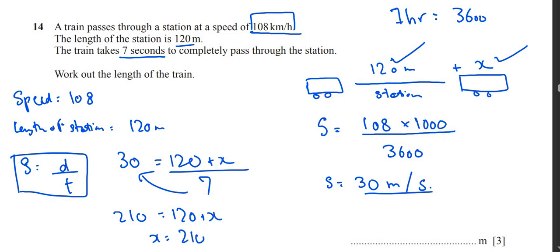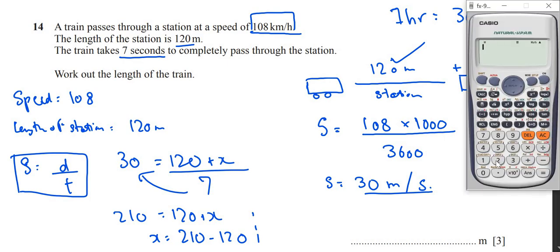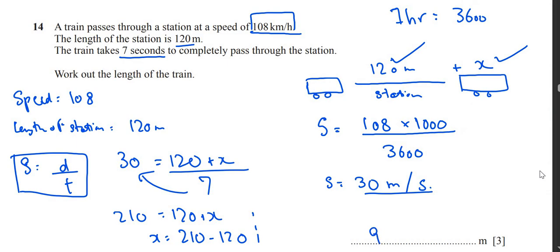X is equal to 210 minus 120, which will give you 90. Many students will not include the distance of the train itself, and this is the mistake they make. So hope you guys understood this question.